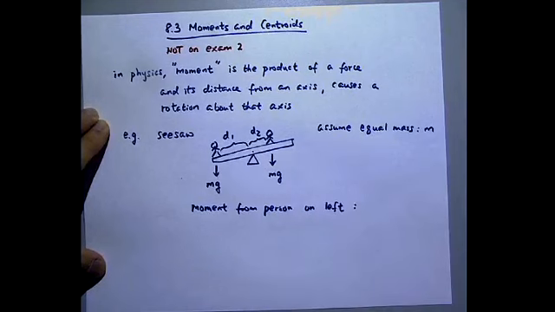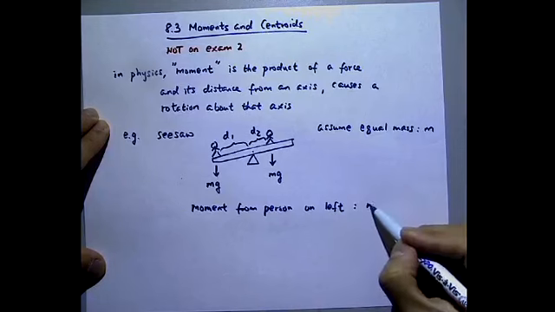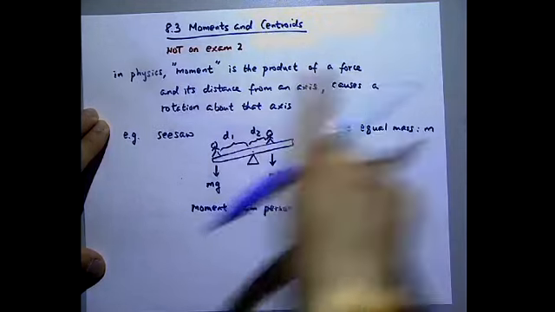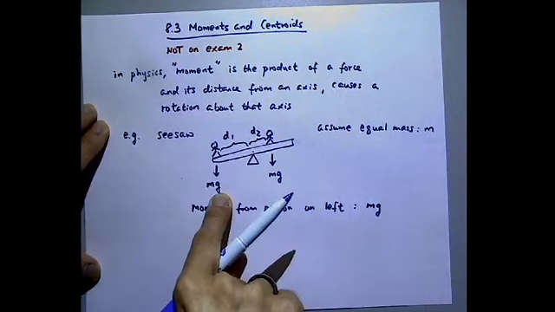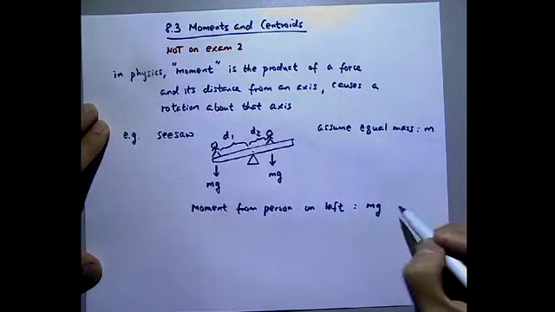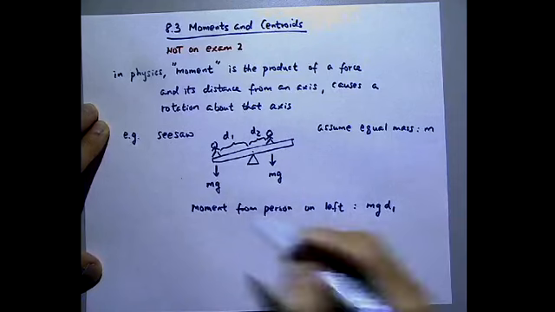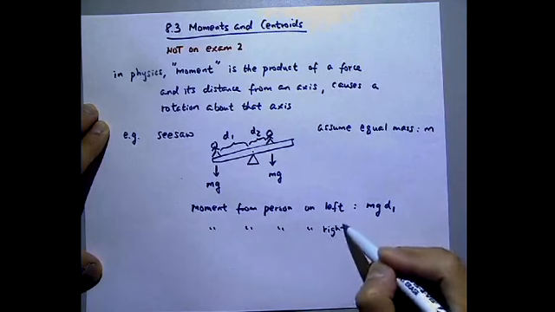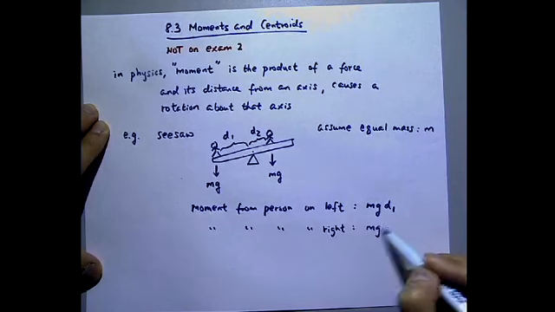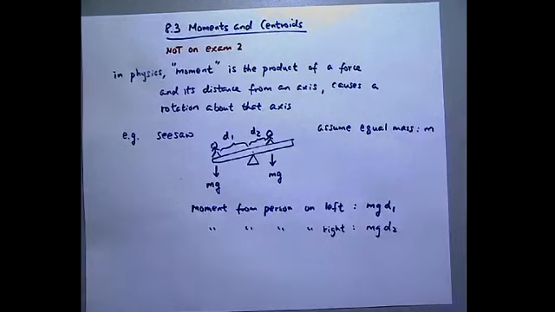The moment coming from the person on the left is force times distance. So the force from this person on the left is the weight, mg, and the distance is d1. And the moment from the person on the right is the weight times the distance from the balancing point.